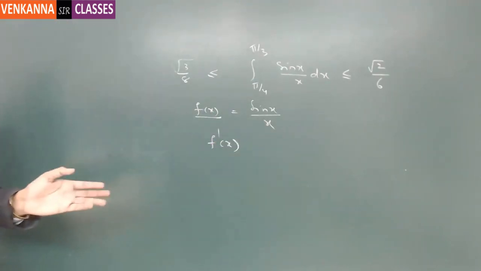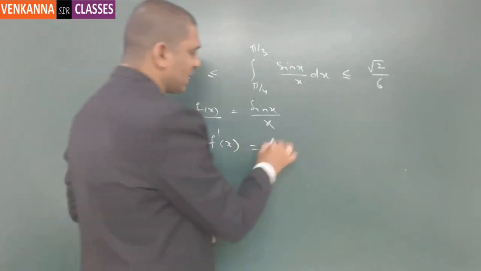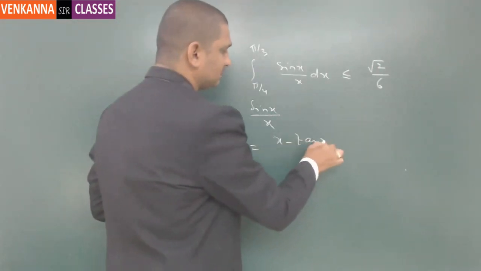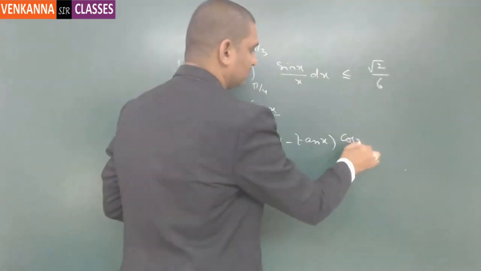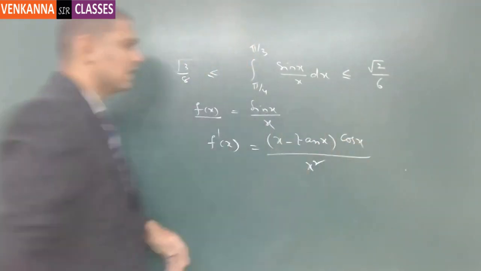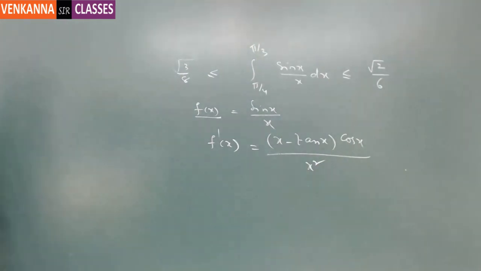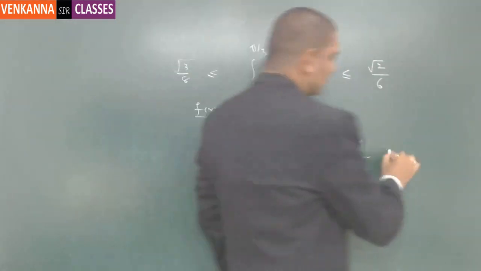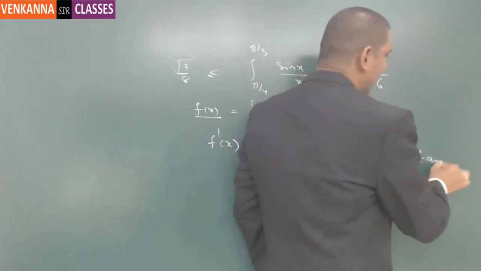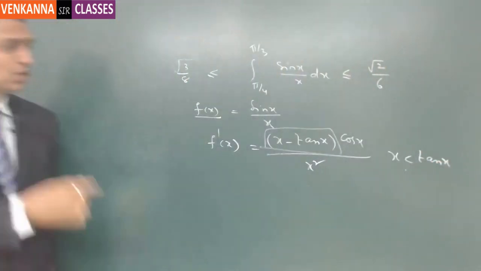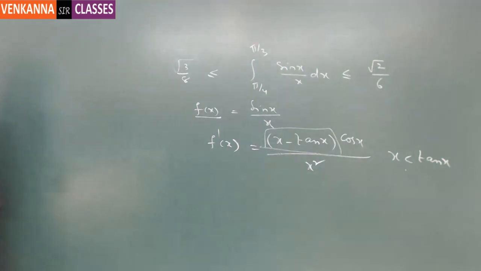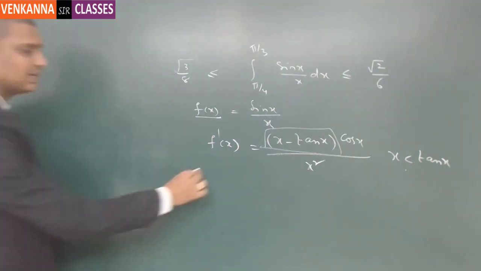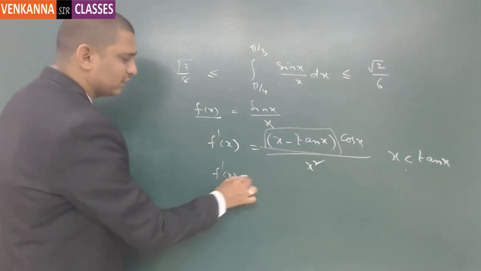After simplification, you get the value (x minus tan x) times cos x by x square. In the numerator, x is less than tan x in the given interval, so the numerator is less than 0. So f dash of x is less than 0.